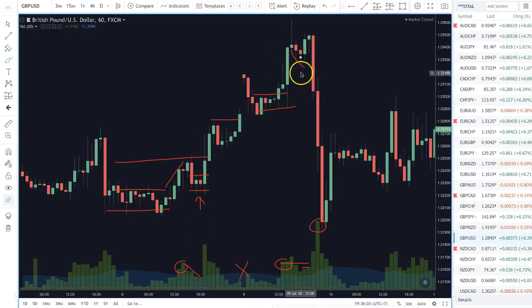But even if you go and dissect this on the 15, that is just a singular pullback. You don't even have a V and a test yet. So it just comes down, goes up for a V, and as you're waiting for your test, this thing starts slamming down, and it starts to break the lows of that day with an increase in volume.